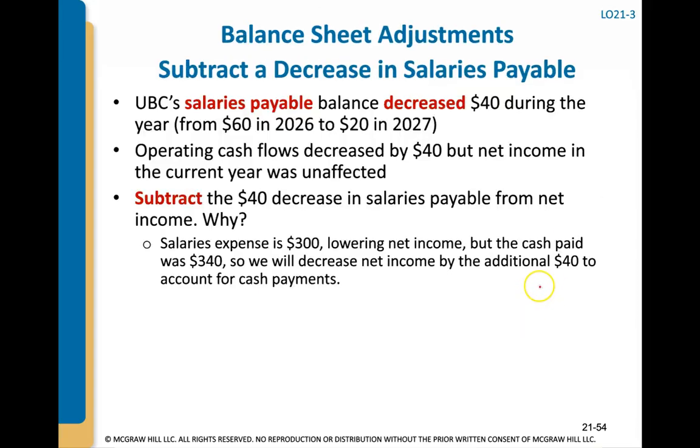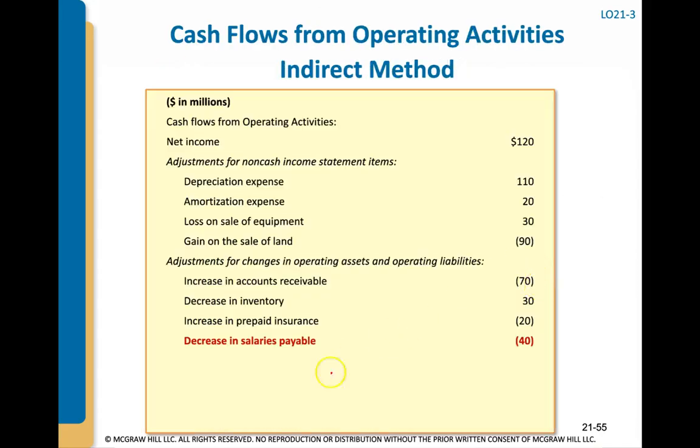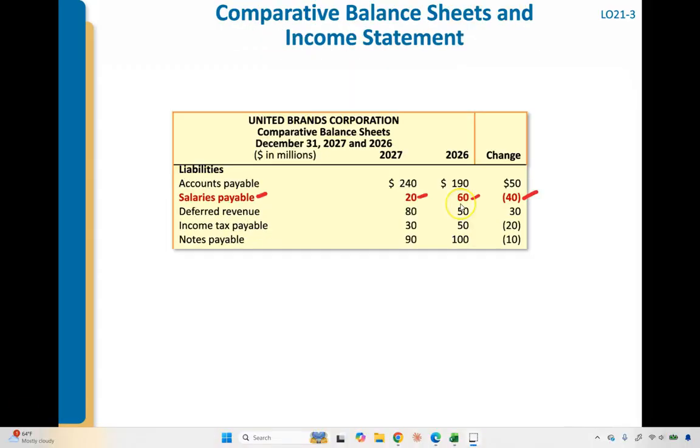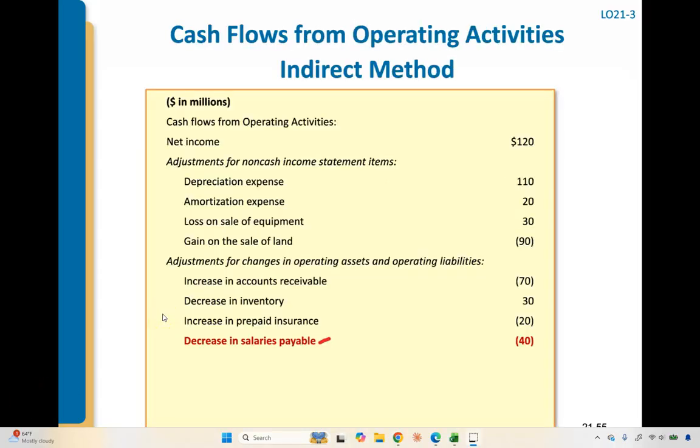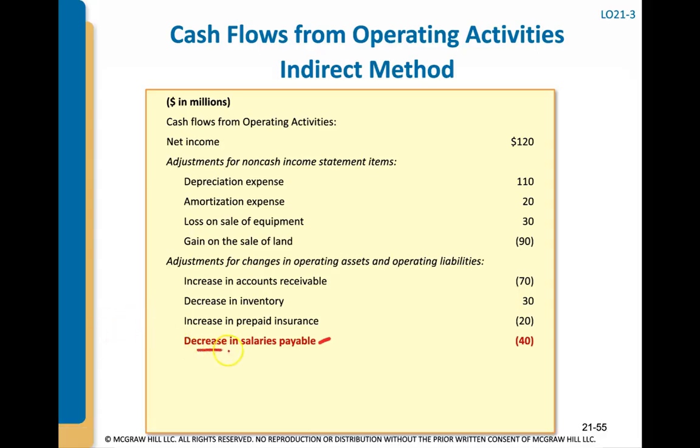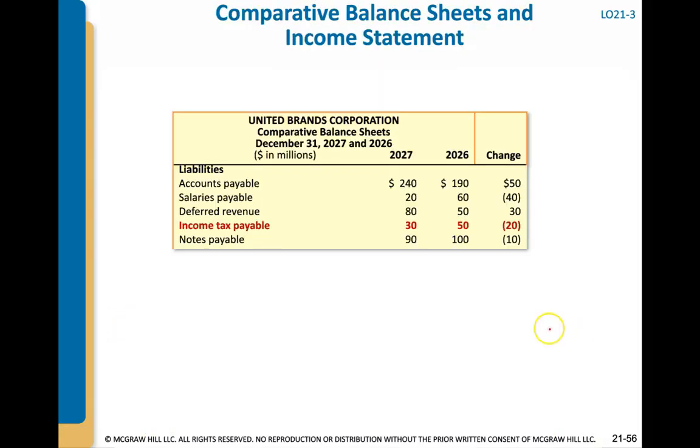So when I look at the decrease in my salaries payable, because it went from 60 to 20, it decreased by $40, and that's what we're going to decrease our statement of cash flows amount by as well. The way I'm going to label this is decrease in salaries payable and put minus $40.